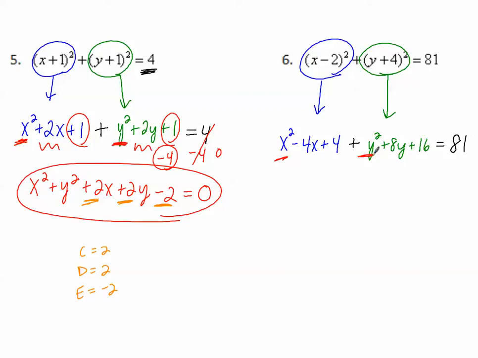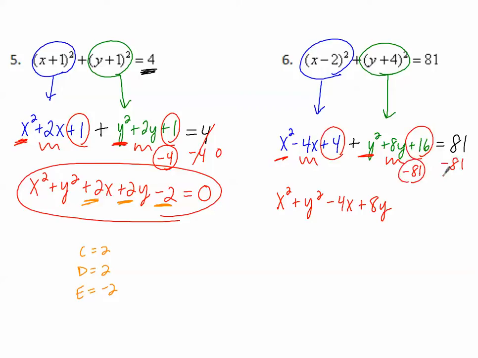X squareds, y squareds. X squared plus y squared. X's, y's. Minus 4x plus 8y. Constant, constant, bring over this constant. We know it's going to equal 0 over there. This guy makes -61. Or I should say these guys make -61.